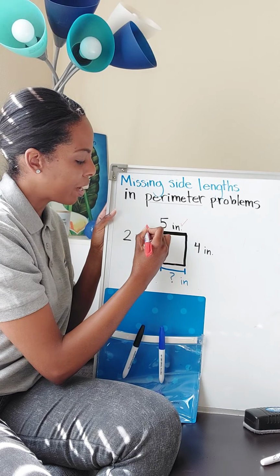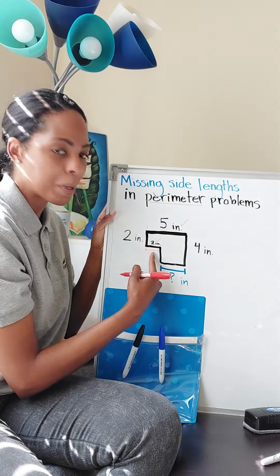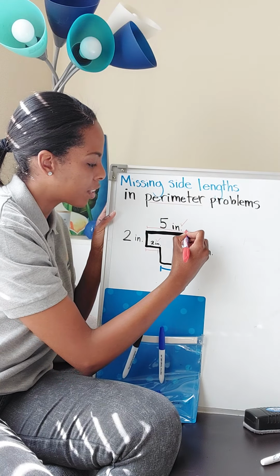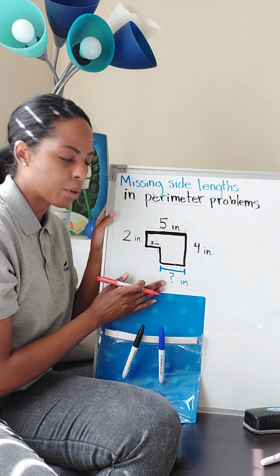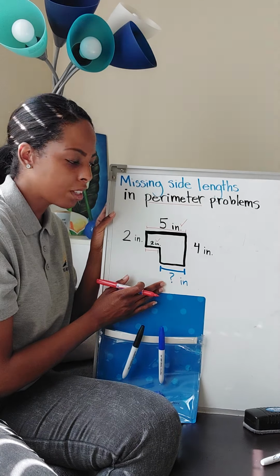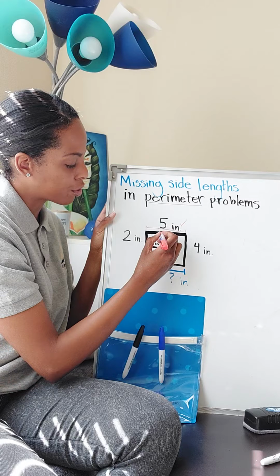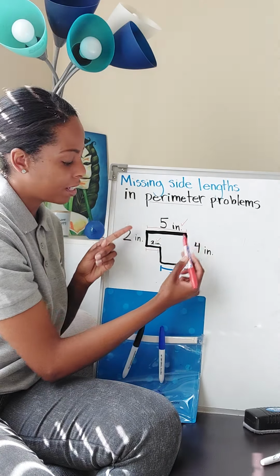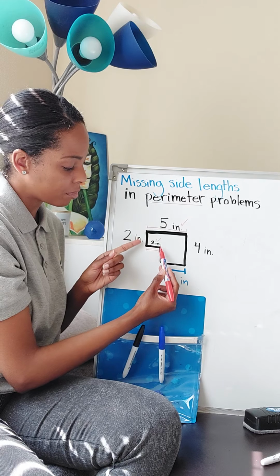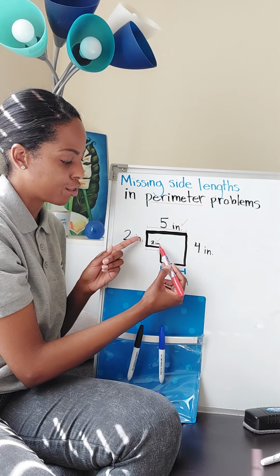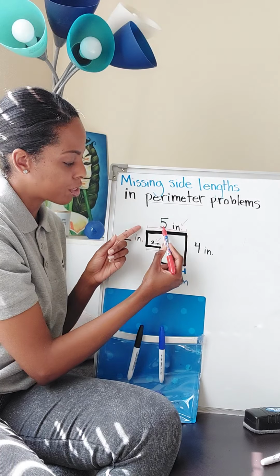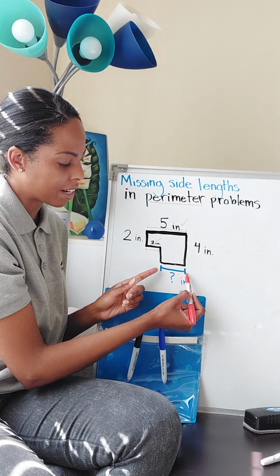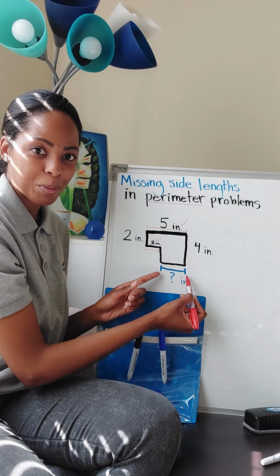All right. So we have the measurement of 2 inches in the armpit of this figure, and then we have the measurement of 5 inches at the top of the figure, but we don't know the measurement down below. So if you take the larger measurement, which is 5, and compare that, or find the difference, to the 2, you can just subtract this 2 from 5 to find out this measurement.